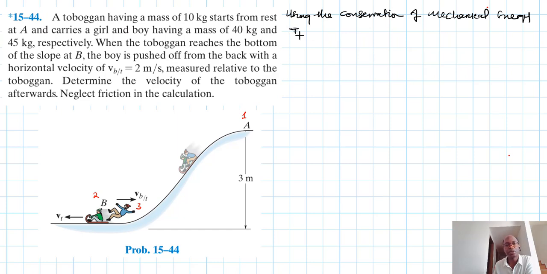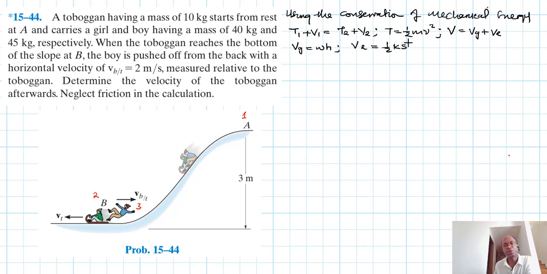So T1 plus V1 is equal to T2 plus V2, where T is the kinetic energy and V is gravitational and elastic potential energy, where Vg is just equal to Wh and Ve is just equal to half k, the spring's constant, times the stretch squared.